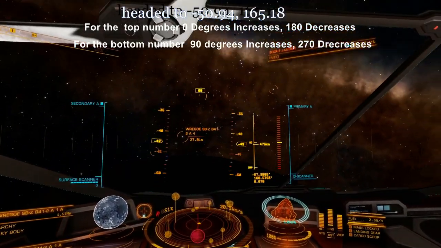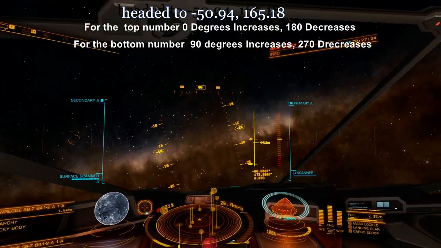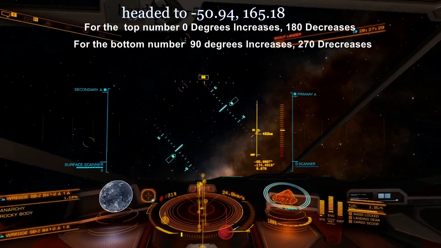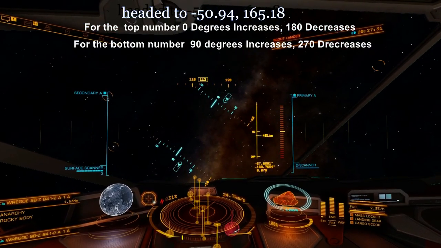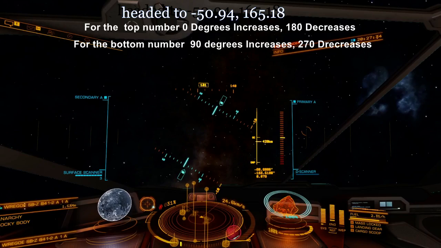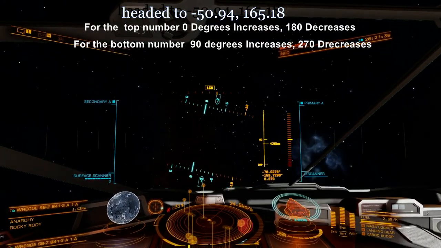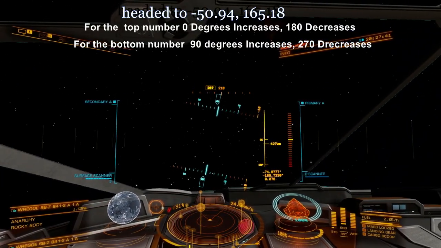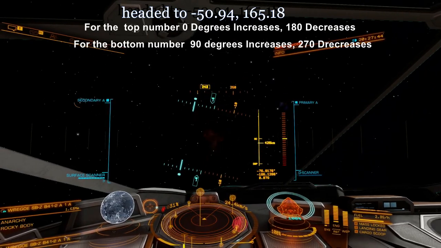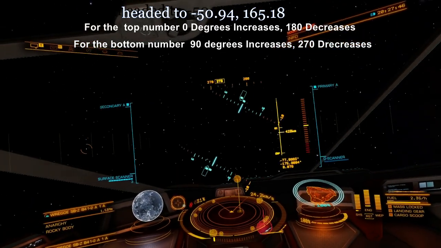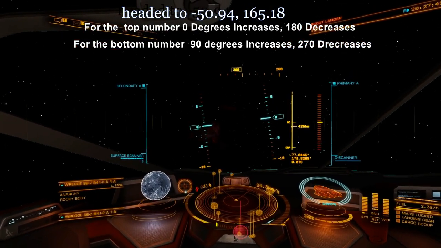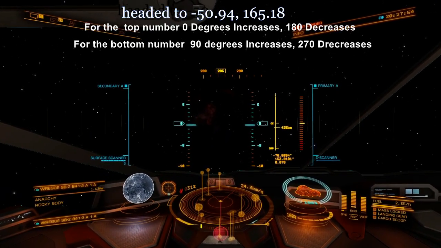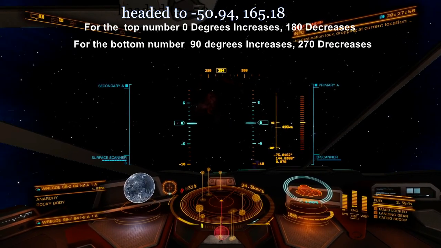Orbital flight engaged. 270. Now my bottom number is going down. Okay. Let me just stop.